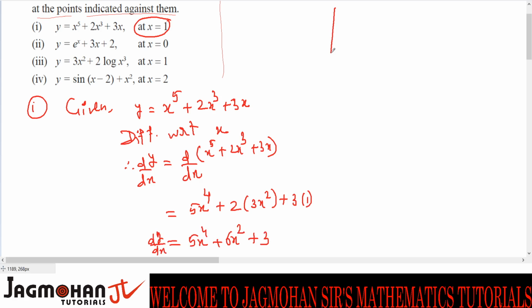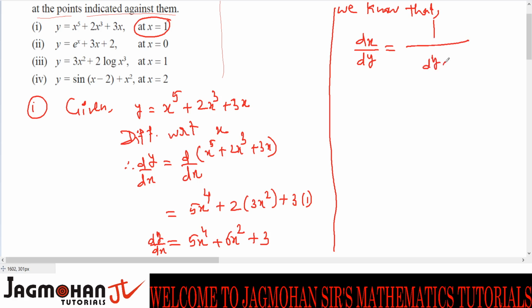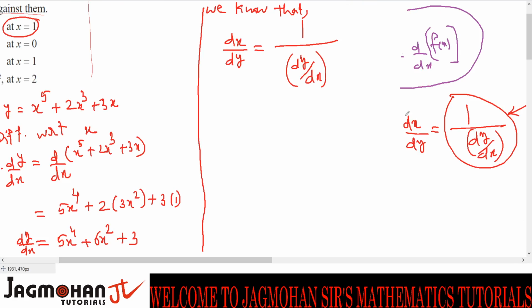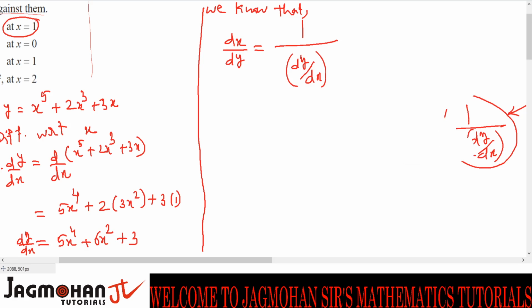What is next step, students? Do we have to find dy by dx? No, it is dx by dy. We know that dx upon dy is 1 upon dy by dx, where dy by dx is not equal to 0, because that is in denominator.